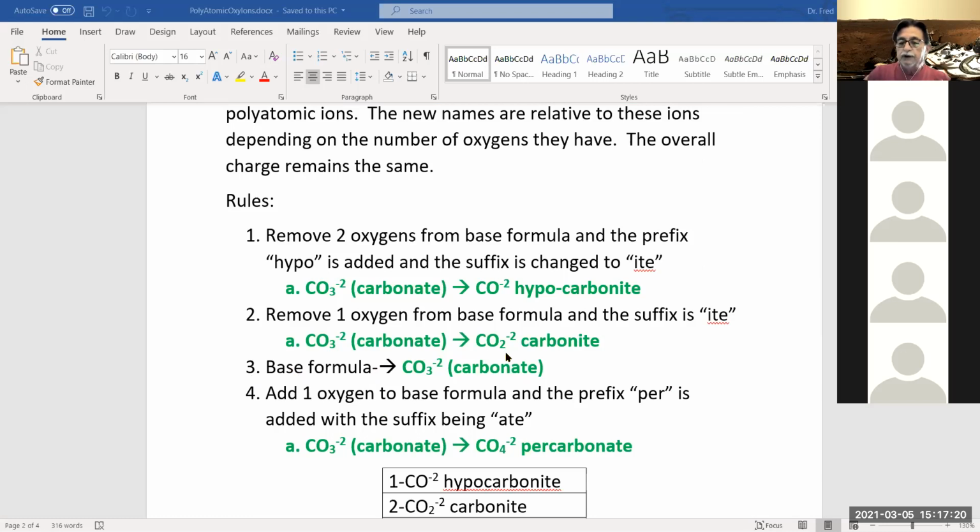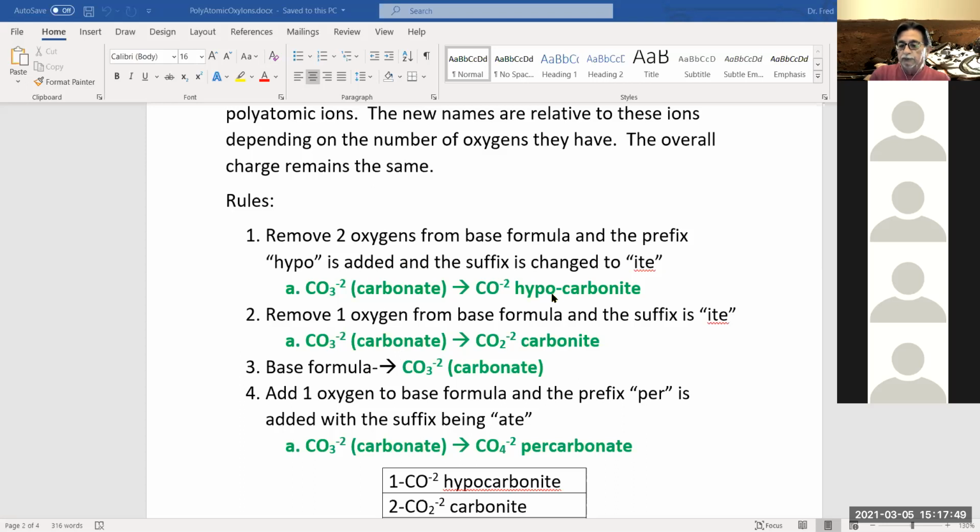Now, starting with number 3, base formula, that's the name. If it removes an oxygen, we go to 2, and we change the name to carbonite. Just like sulfate had 4, and we went to 3 oxygens, so we removed an oxygen, it becomes sulfite. Now, it is also feasible, depending on how many oxygens, to remove 1 more oxygen, which is number 1, where we have removed 2 oxygens from the base formula number 3 here.